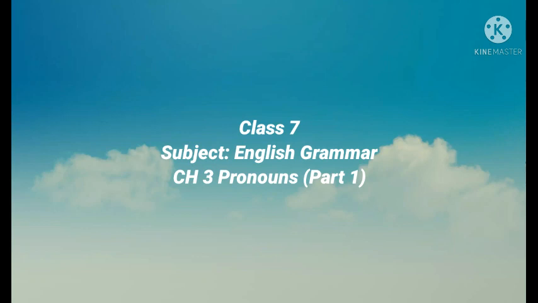If the pronoun receives the action done by the subject, it is called an object pronoun. So, have you understood? If the personal pronoun is the doer of the action, the subject of the sentence, it is called a subject pronoun. And if the pronoun receives the action, it is called an object pronoun.